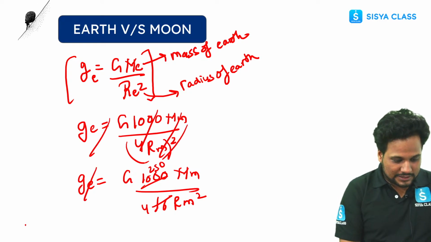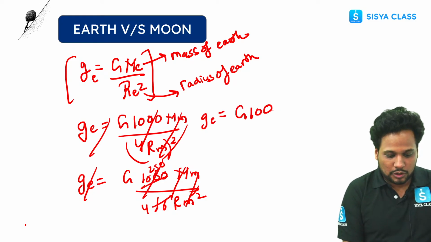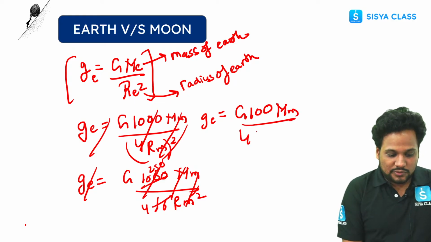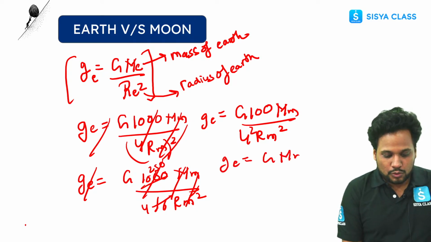If you replace this, GE is equal to G times 100 times mass of moon, divided by 4 times radius of moon square. This is also square, so GE is equal to G mass of moon divided by 100 divided by 16.